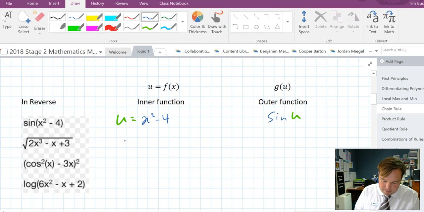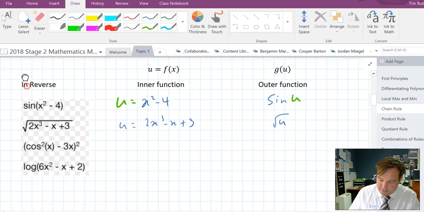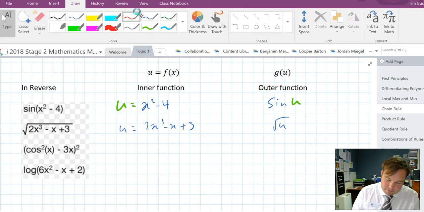Or in this case here, u will be equal to 2x cubed minus x plus 3, and the outer function is just root u, square root of u. Square root of u combined with this polynomial creates that.